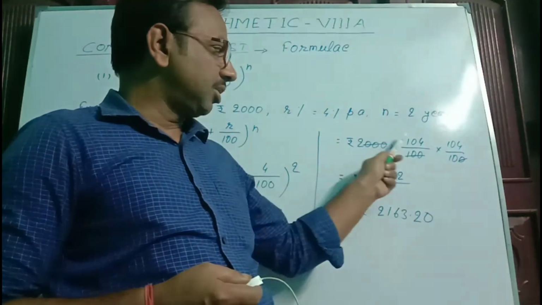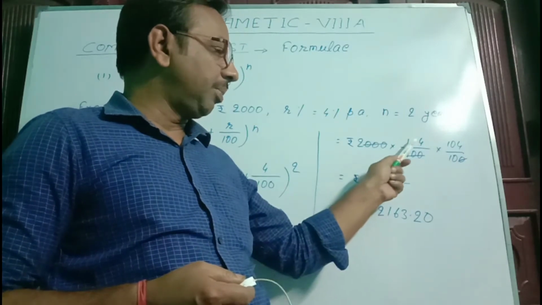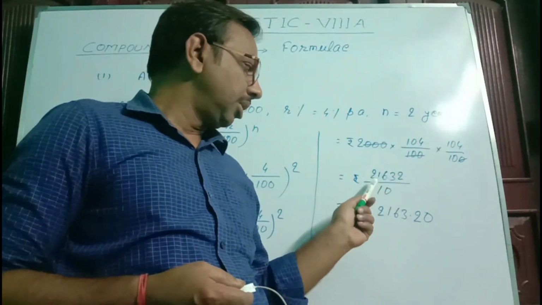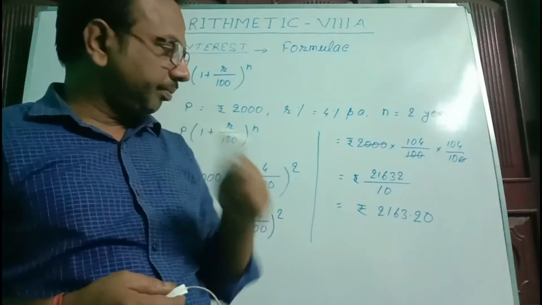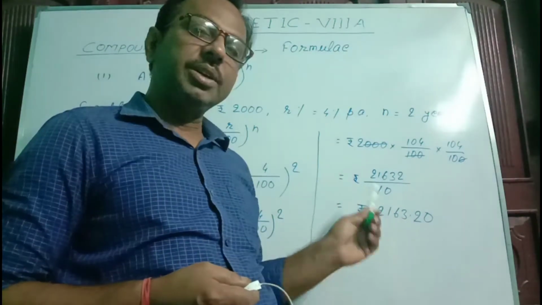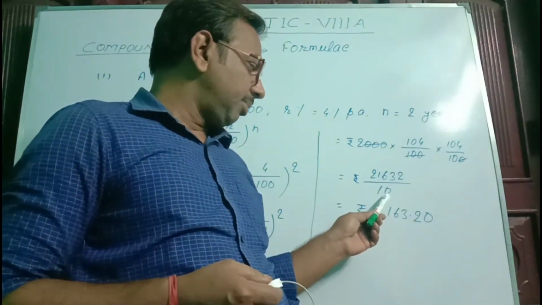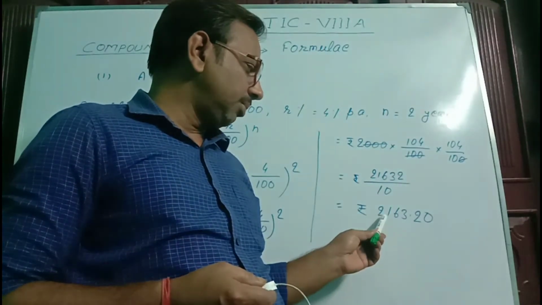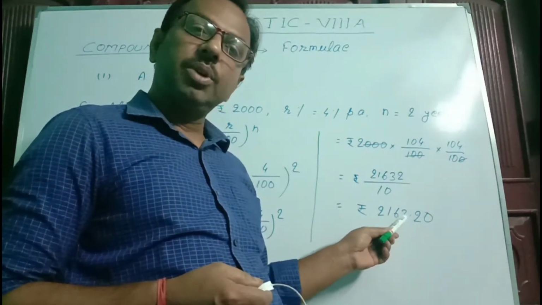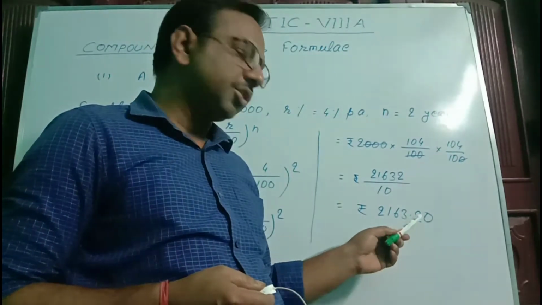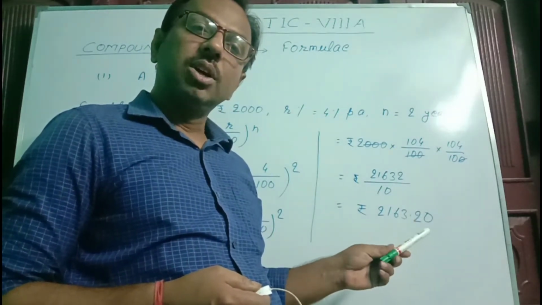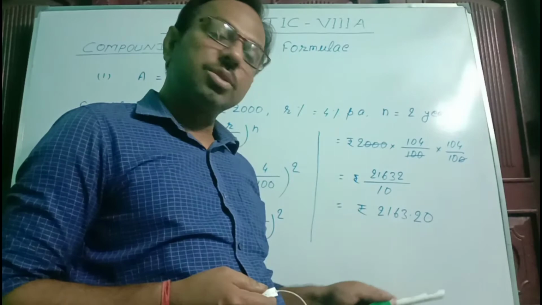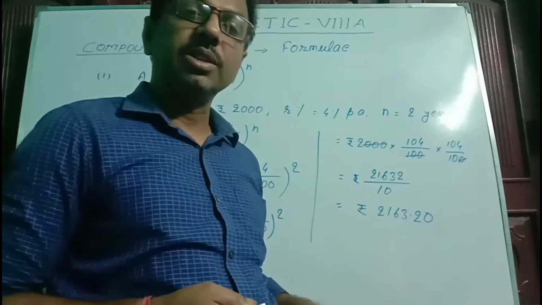Now I multiplied these three numerators, 2 into 104 into 104, that is equal to 21,632 by 10. Here 10 means one decimal place. I have kept the decimal after one digit, so the amount became 2163.20. 0.2 is the place of paise, so we always write it in 2 digits.